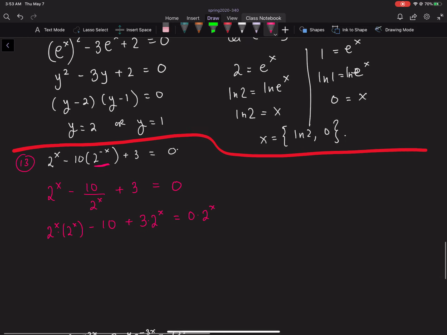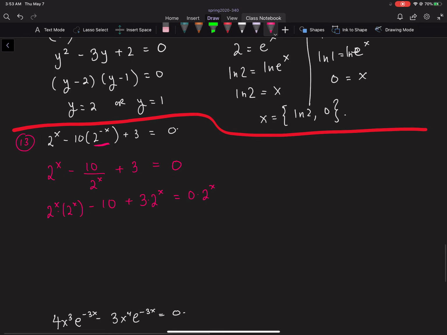So this becomes 2 to the x squared, 2 to the 2x, because I have to add the powers, they're multiplying, plus 3 times 2 to the x minus 10 is equal to 0.